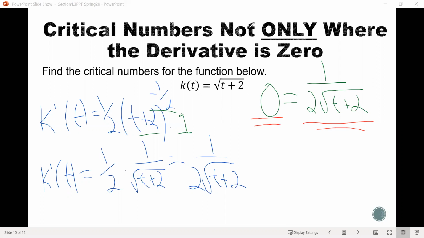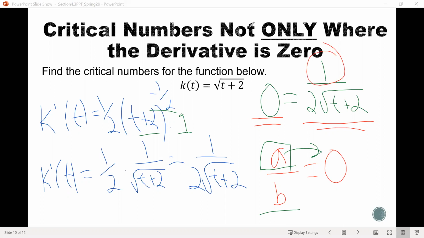When you have a fraction, let's say a over b equal to 0, in order for that to happen, one of the two numbers, the a or the b, has to be 0. Which one is that? The answer is a has to be equal to 0. The top of the fraction has to be 0 in order for the fraction to be 0. Well, in our fraction, our top number is 1.